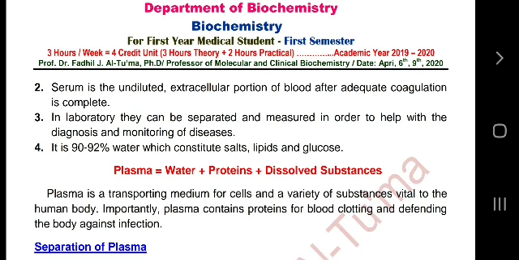Plasma is a transporting medium for cells and various substances to human body. Plasma contain proteins for blood clotting and defending the body against infection.